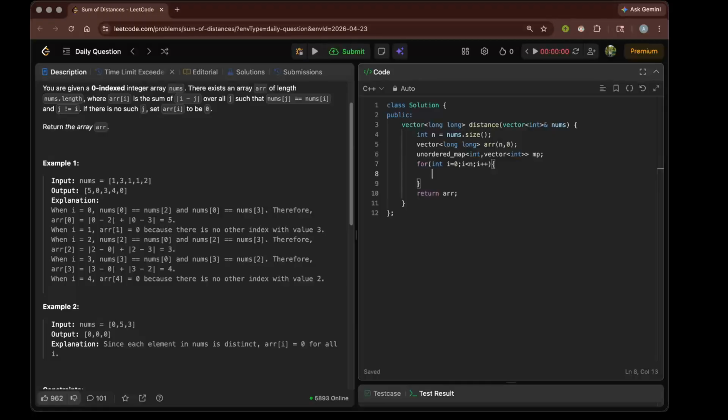What I thought is that I will start from 1 only. Map of nums of 0.